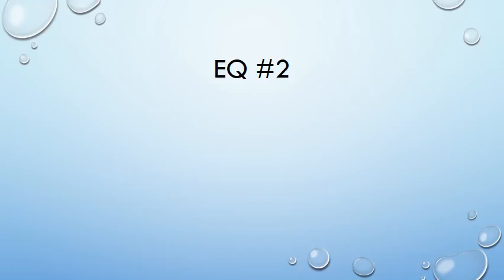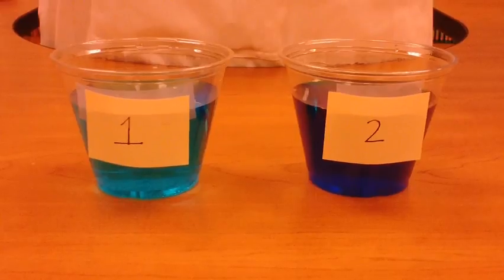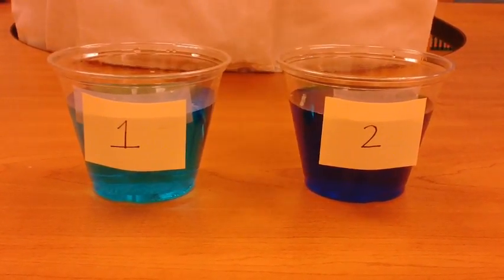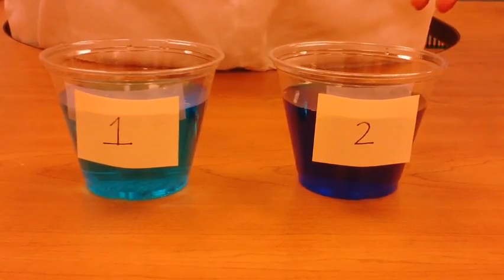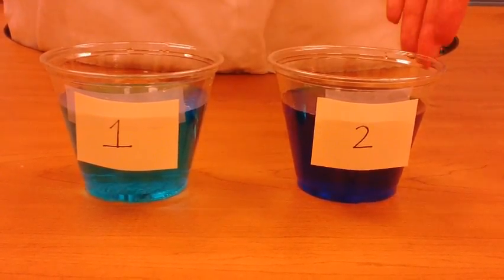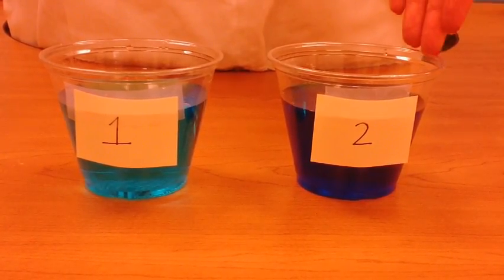The second essential question is, if you have two different solutions, how can you determine which one is more concentrated? If you want to compare concentrations of solutions that have a color, you can look to see which solution is darker and which one is lighter. The darker solution has more of the material that has dissolved into the water.